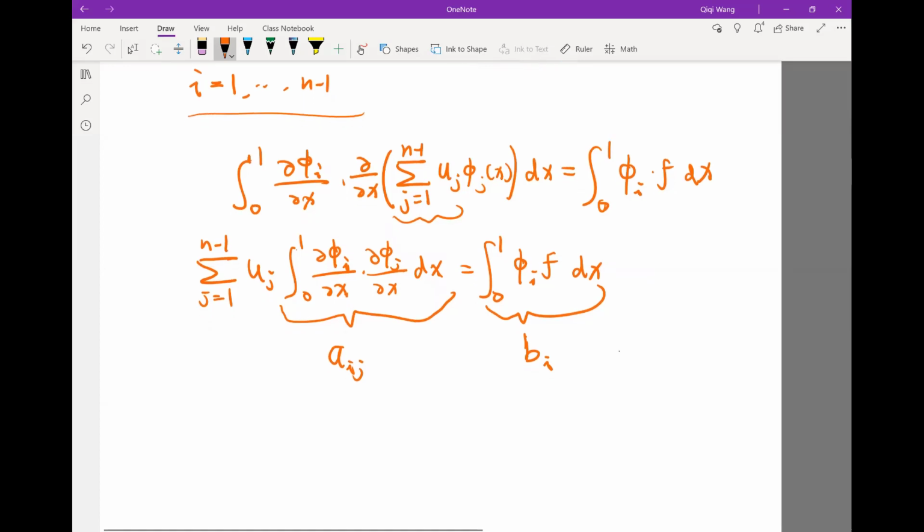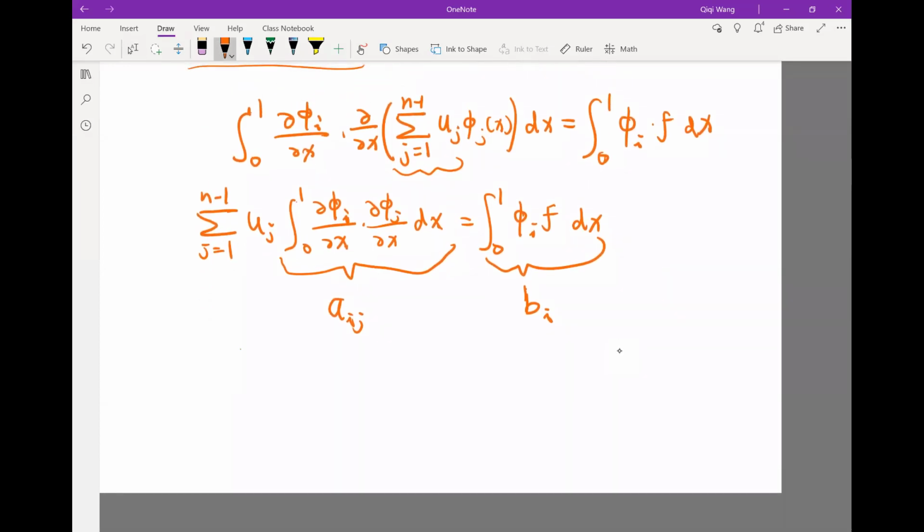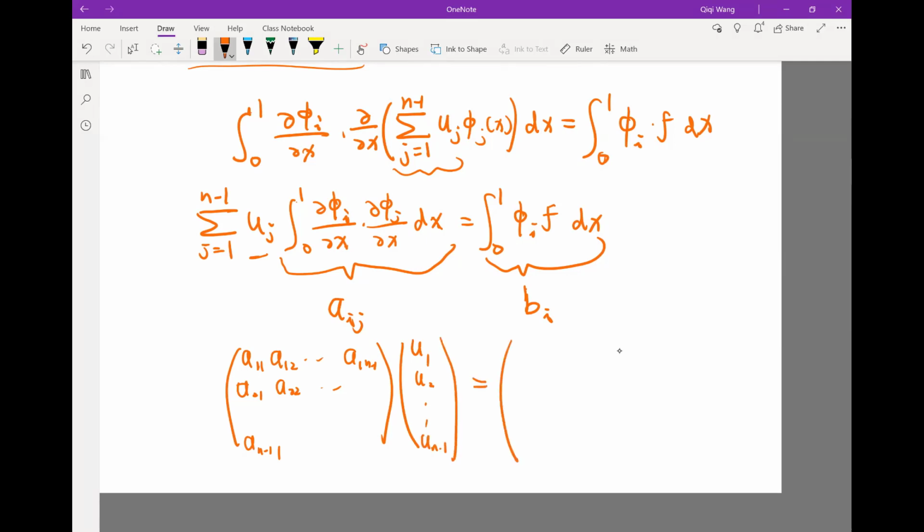Now, what do we have? We have a matrix: A11, A12, etc., A1(n-1), A21, A22, etc., A(n-1)1. We have a matrix times these unknown coefficients, u1, u2, etc., to u(n-1), equal to b1, b2, etc., to b(n-1).